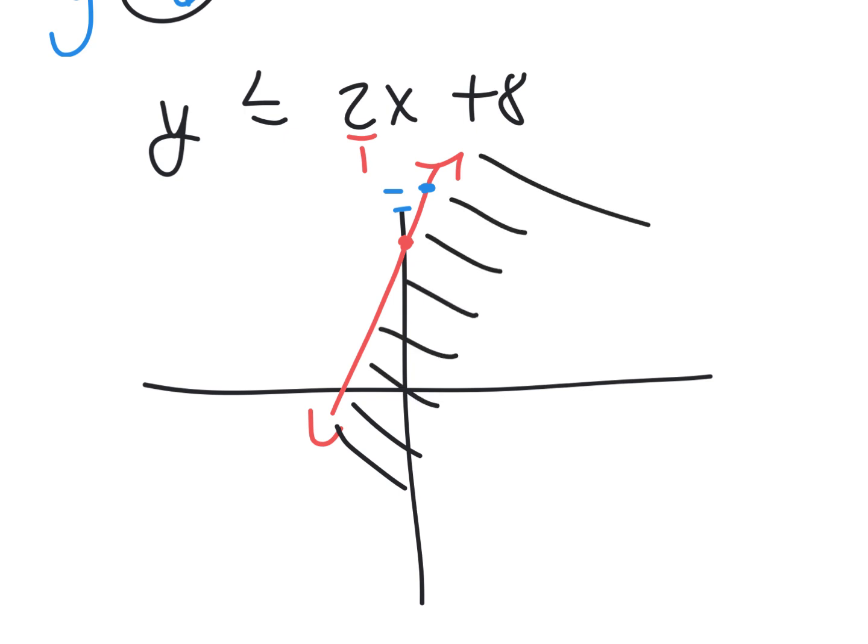That's it. They give you an equation. You have to be able to solve it for y, and then decide which way to shade on either side if it's an inequality. And if it looks like a less than, you're going to shade below it.